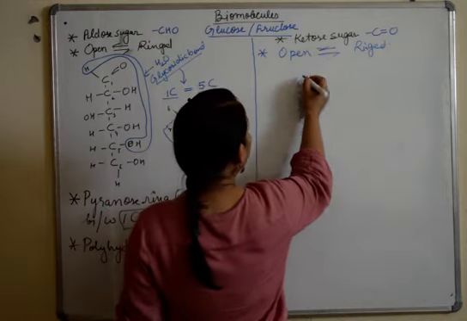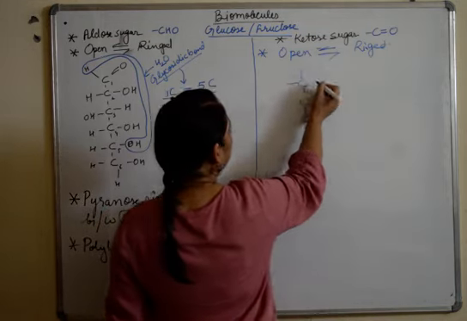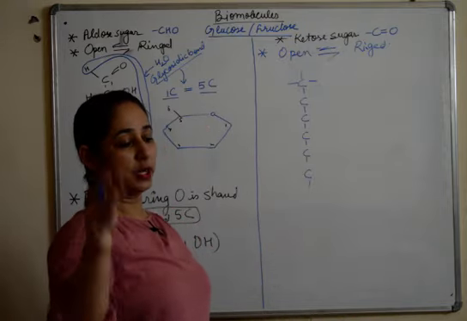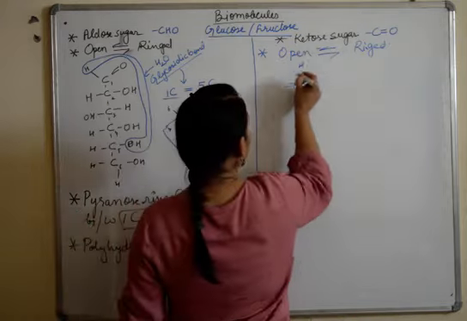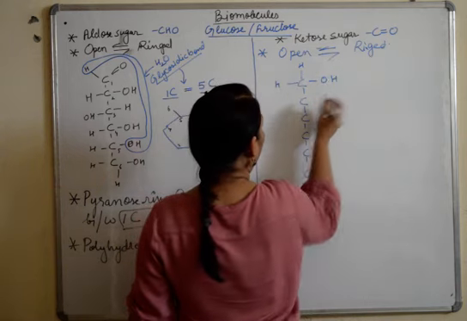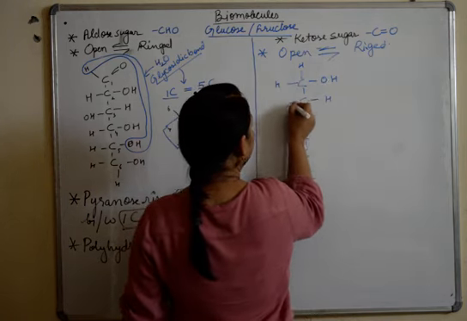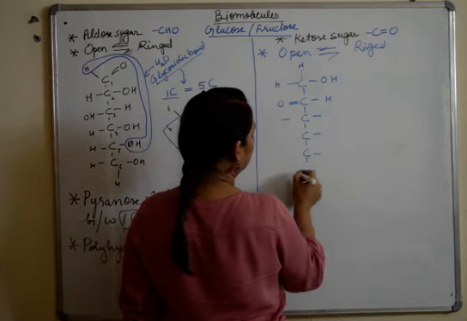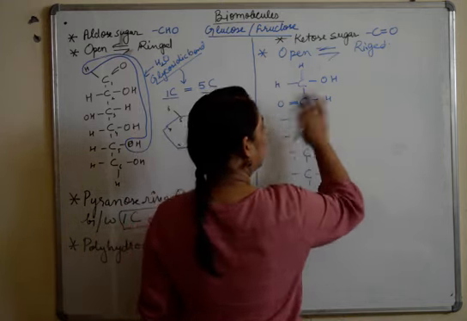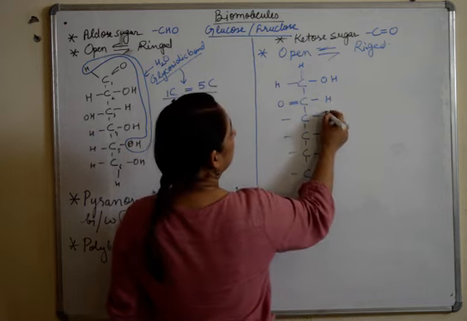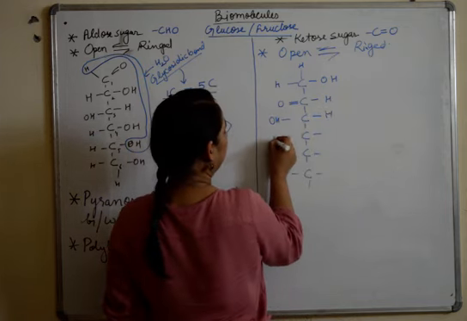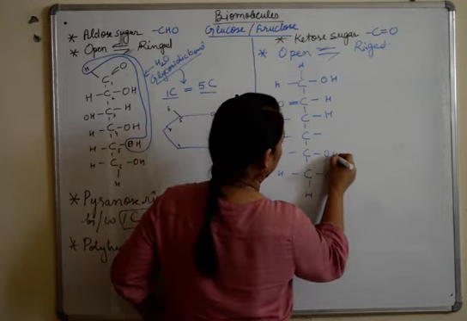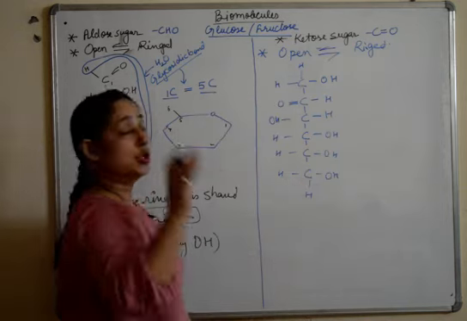So we'll make it here. This is the first carbon. The keto group is there in the chain, not at the first carbon. So it is H and double bond O, the keto group present here, and on the third carbon, as we know, the orientation is different. H is here and OH this side, and others remain the same again. So this is the molecule.